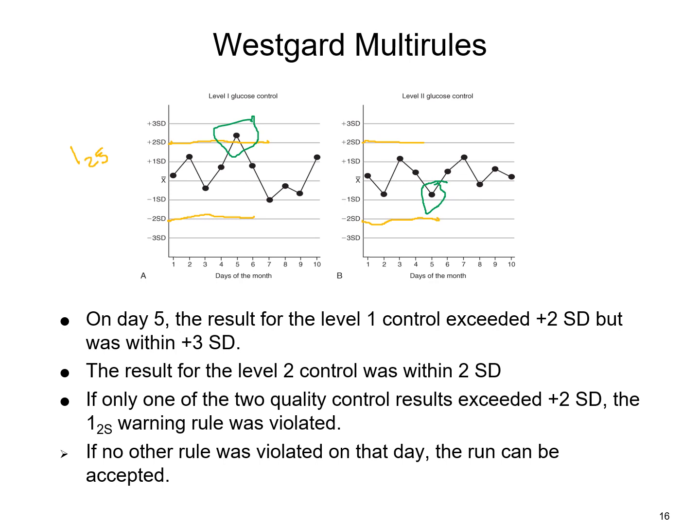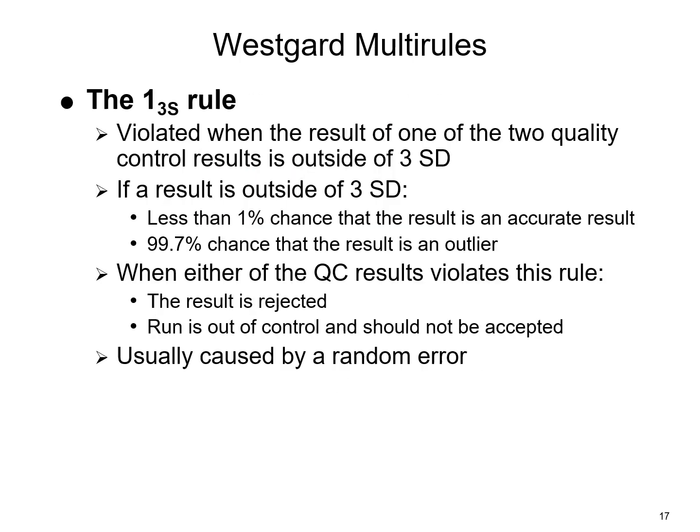And so again, we're going to look at some of these other rules. In this particular incident, nothing else is violated, but we are going to talk about the other rules. Our 1-3S rule means that one of the 2 quality control values is outside of 3 standard deviations. So we've definitely hit that red mark.